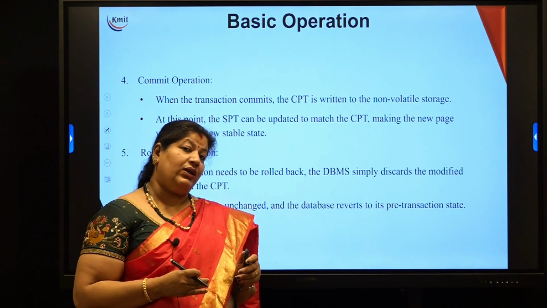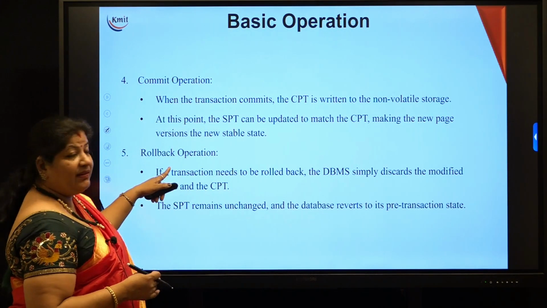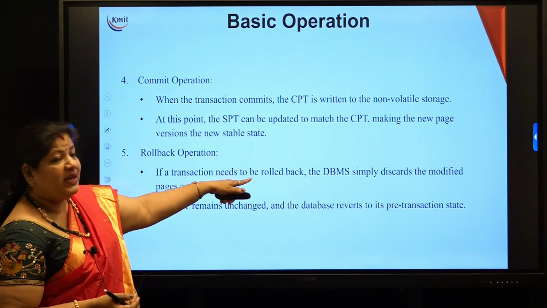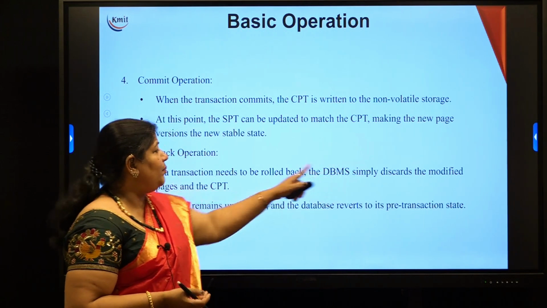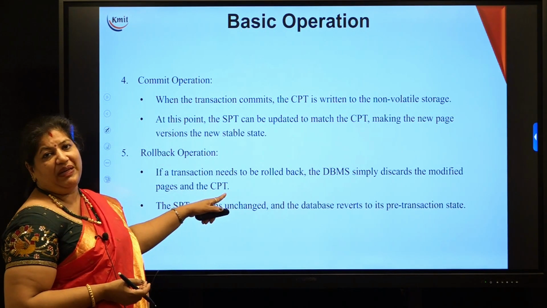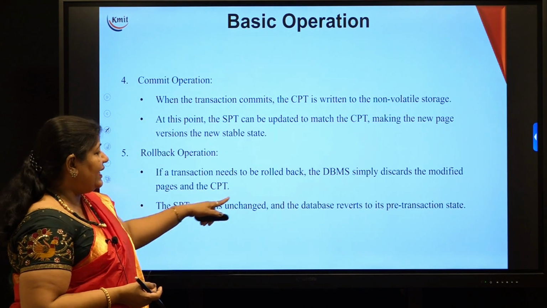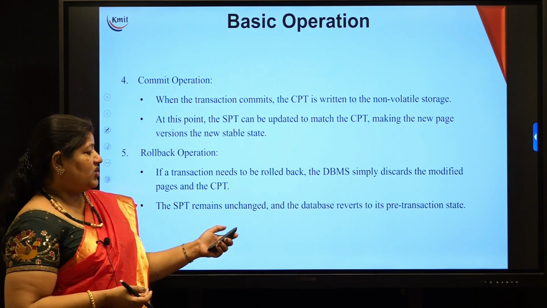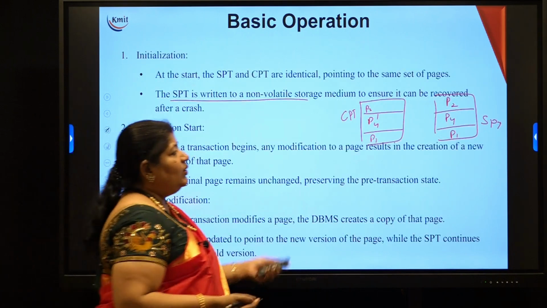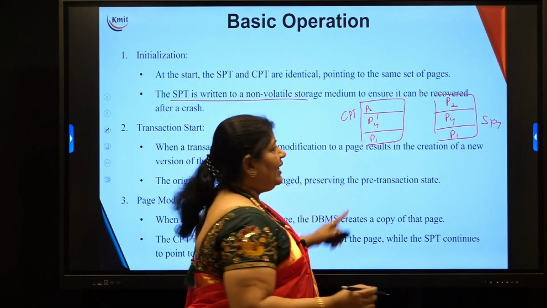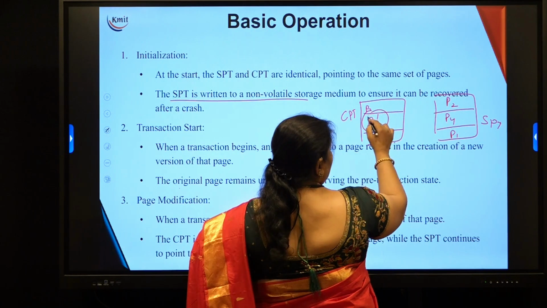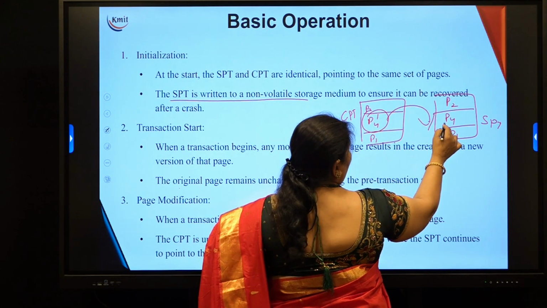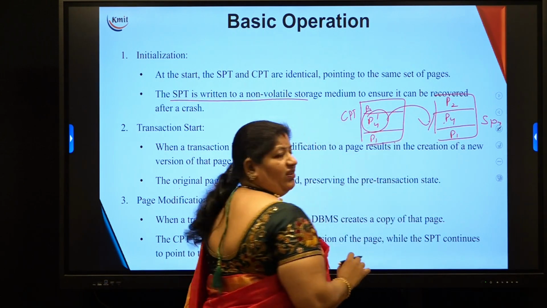Whereas if the transaction fails, then we want a rollback operation. If a transaction needs to be rolled back, the DBMS simply discards the modified pages of the CPT. The SPT remains unchanged and the database reverts to its pre-transaction state. Look at this. If it commits, then this new page will be updated onto the database, and the SPT will also have to point to this new page.